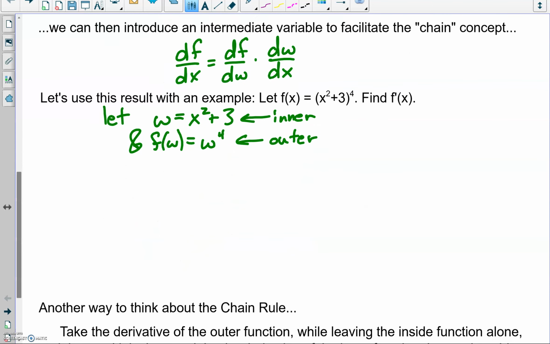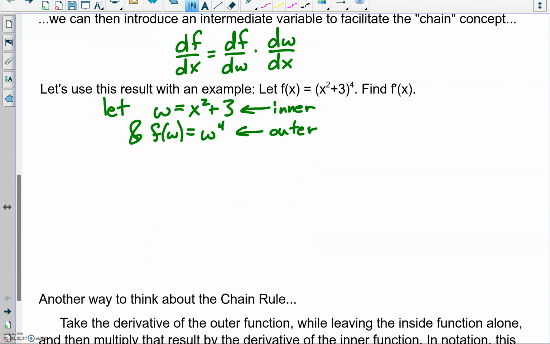And now, using this chain rule derivative approach, I can say that f prime of x is really equal to df dx, which we split up to facilitate the chain, df dw times dw dx.